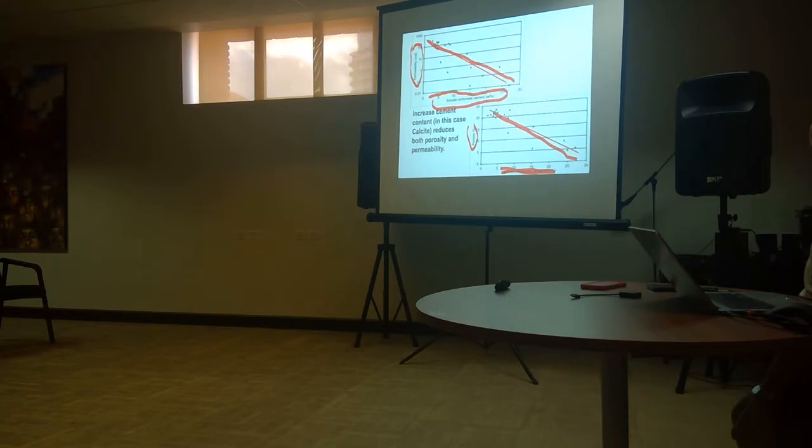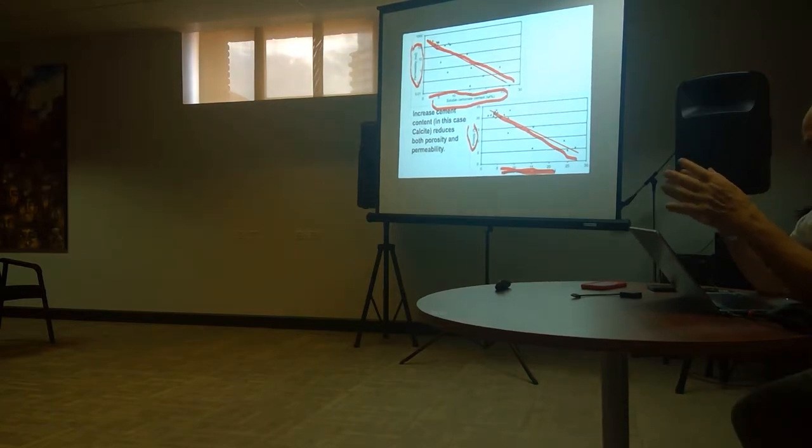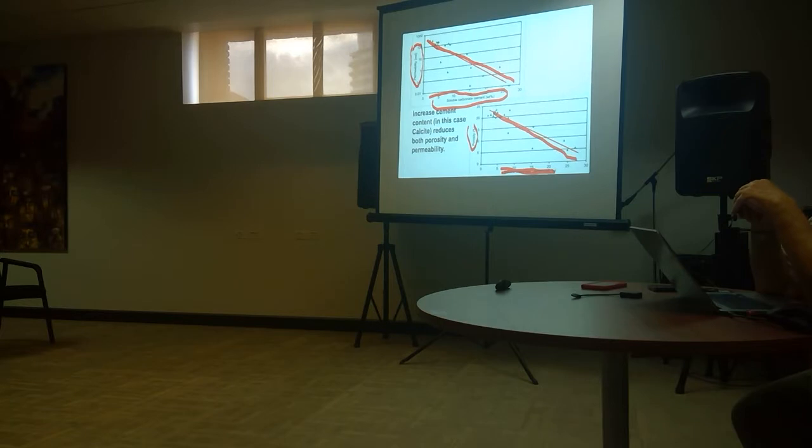Quite often if you send samples out to a commercial laboratory, the commercial laboratory will do these measurements for you. They'll do what we call the thin section analysis. They'll tell you how much cement you have, how much pressure solution went on, and so on.